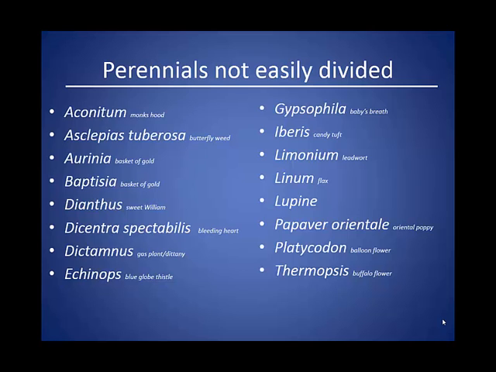It's another one that doesn't like to be divided, but it will have root sprouts. It also grows from seed. So anyway, oriental poppy, not a big fan of being divided. Balloon flower, there are some that just don't really like it a whole lot. So like I said, you'll get a list of those when you get this presentation.